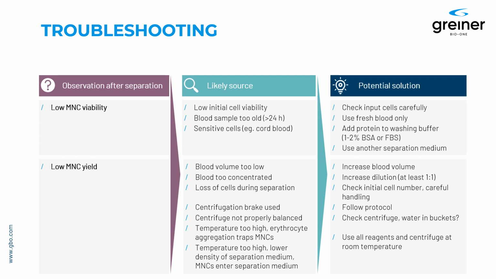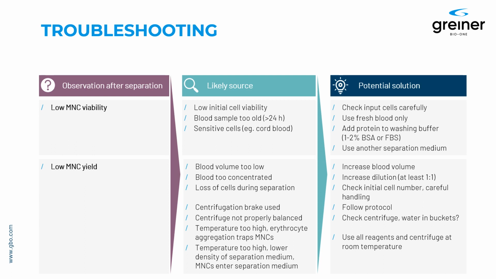Potential solutions include checking the input cells carefully for cell number, cell viability, and so on, using fresh blood only, adding protein to the washing buffer, usually 1 to 2% bovine serum albumin or fetal bovine serum are used, or also another separation medium could be used. For example, if Ficoll has been used, one could try Percoll, for example.